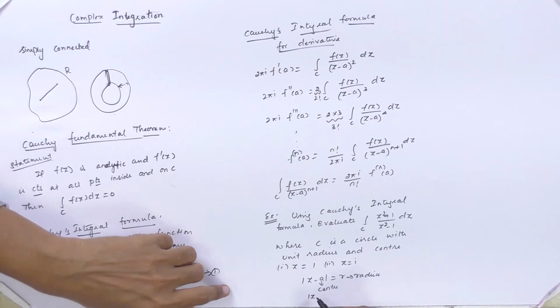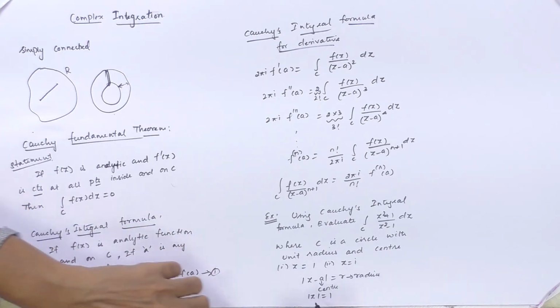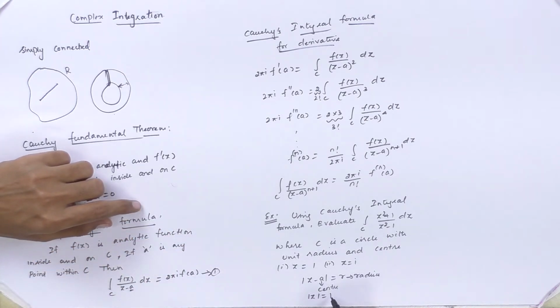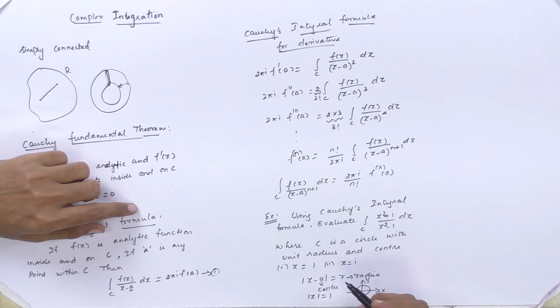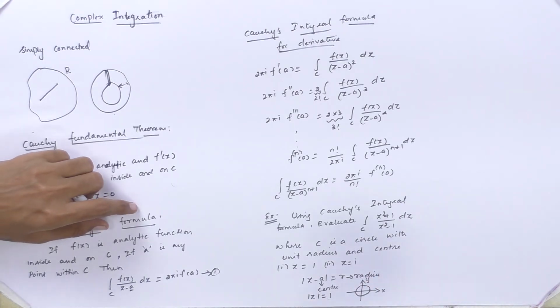If modulus of z equal to 1, the center is 0 and the radius is 1, that means at the origin we can get a circle like this. The coordinate axes of the z plane are x and y, the center is the origin (0, 0) and the radius is 1. So we get a circle like this. This is our circle. So by using that concept we can draw a circle.